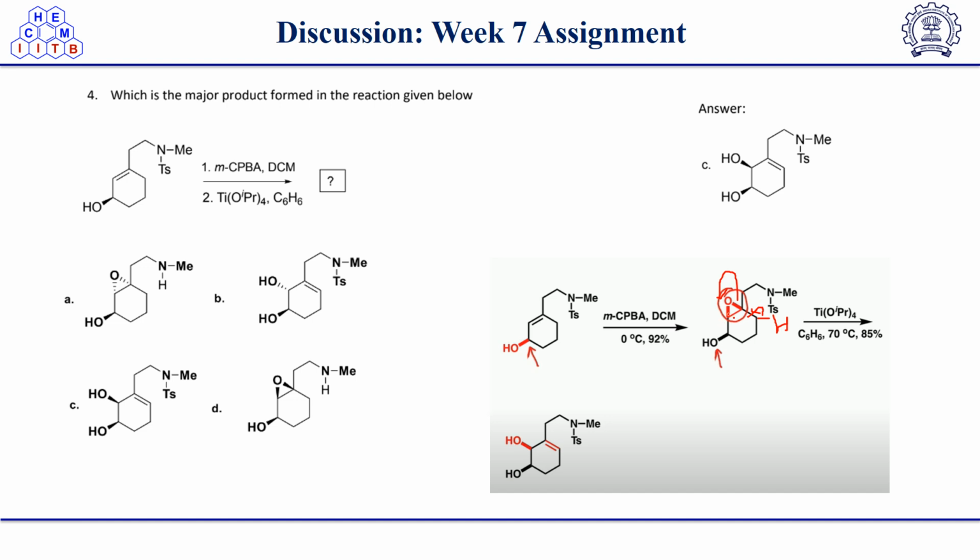That epoxide will be converted into the corresponding open product, that is alcohol, as a result of treating it with titanium tetraisopropoxide. So we will be getting the corresponding diol with the double bond shifted to this position as the major product. So option C will be the major product in this reaction.